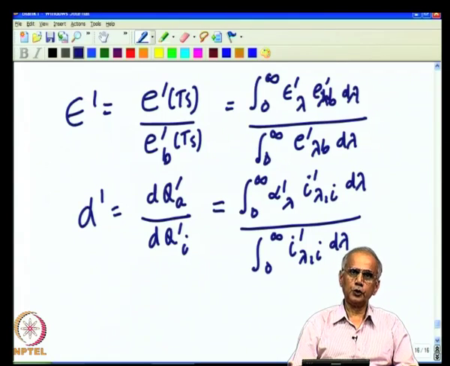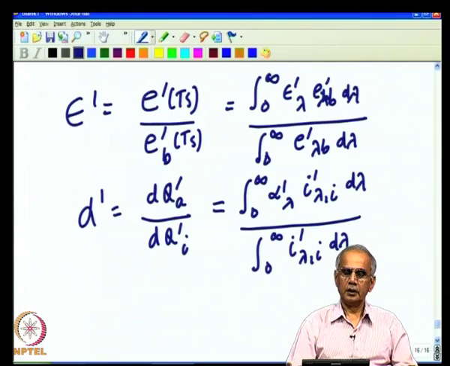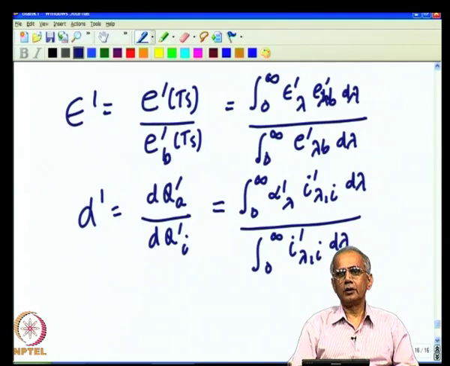So, this clearly shows that absorptivity that you obtain for any substance depends very much upon what is incident on that surface.